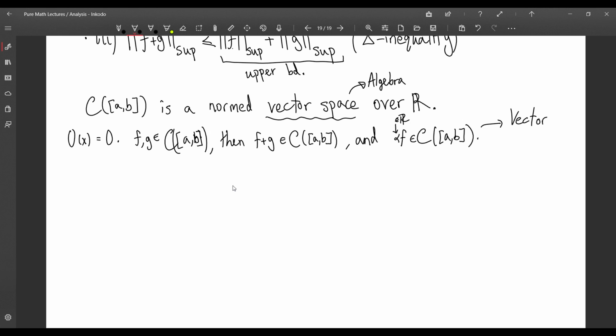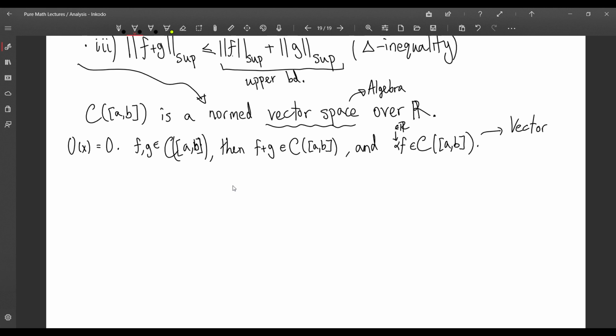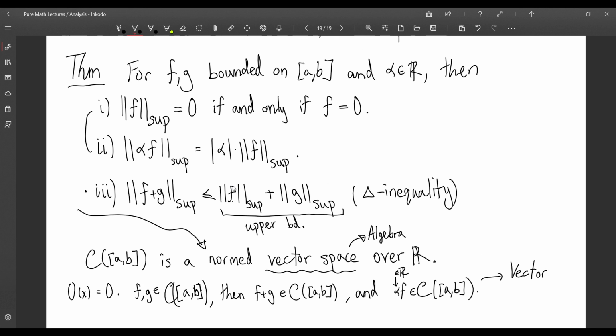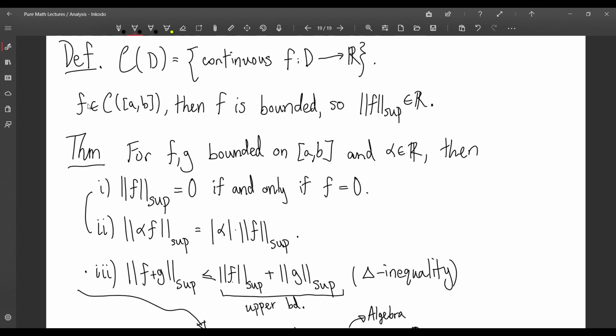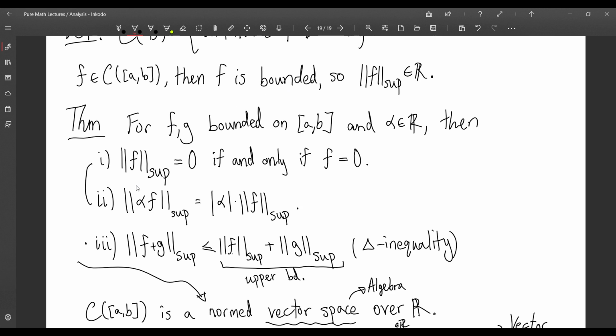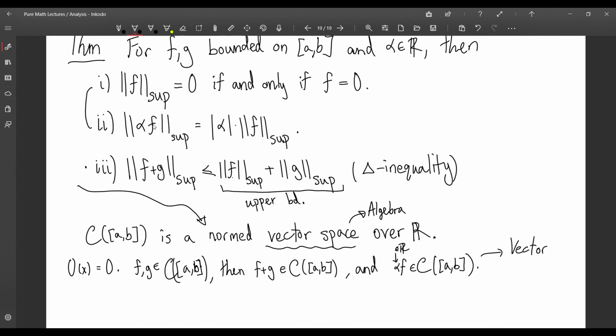But now the fact that it is a normed vector space comes from the supremum norm, right? This is a norm on the vector space, right? Because if our function f is in C of AB, then it's bounded, and then this theorem applies. And these are the rules for a norm.